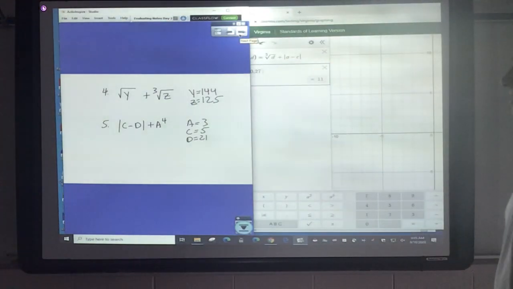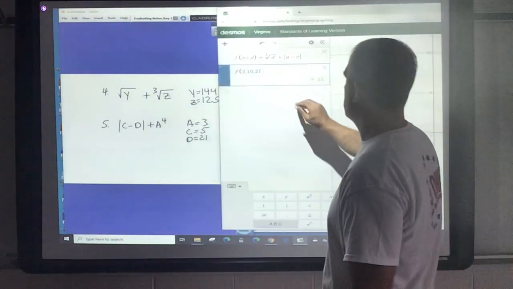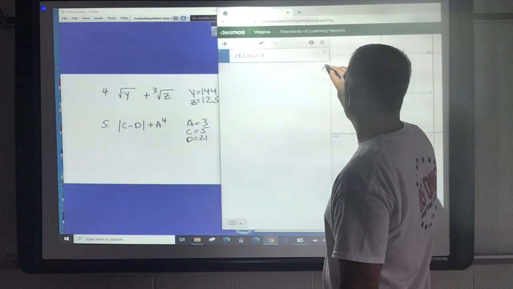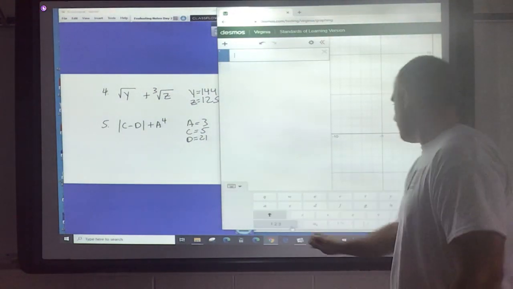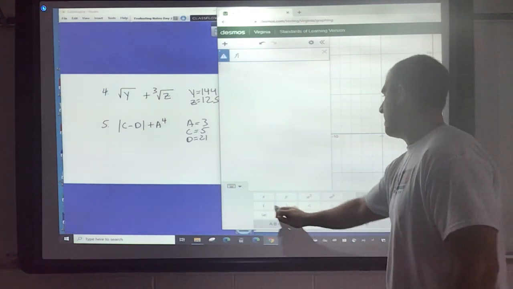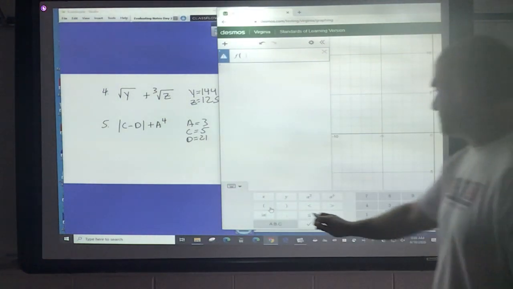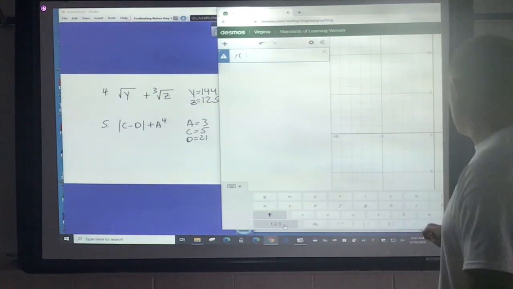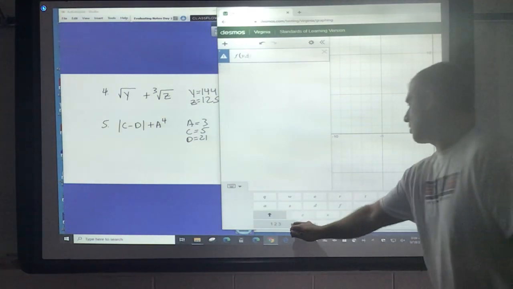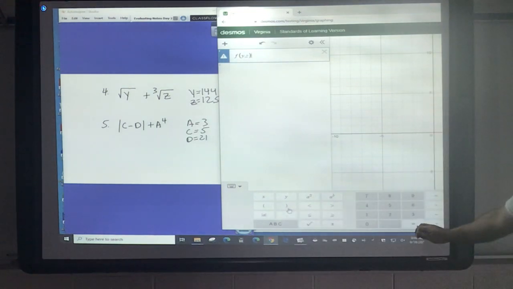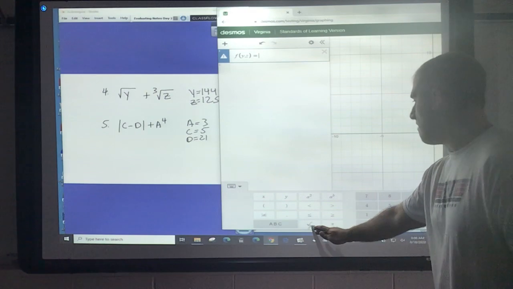Let's go over these now. So we got function, parentheses. We're using Y and Z. So Y, comma, Z, close my parentheses, equals. Square root would be right here.